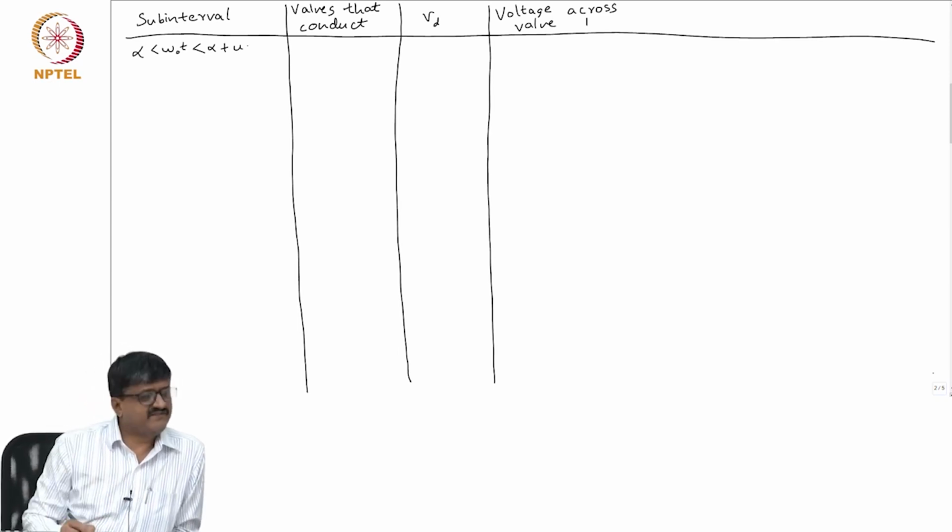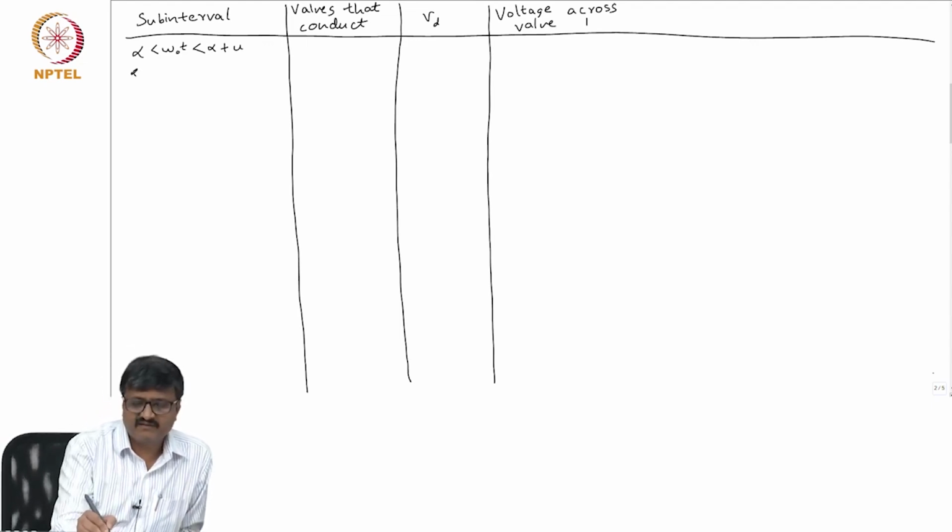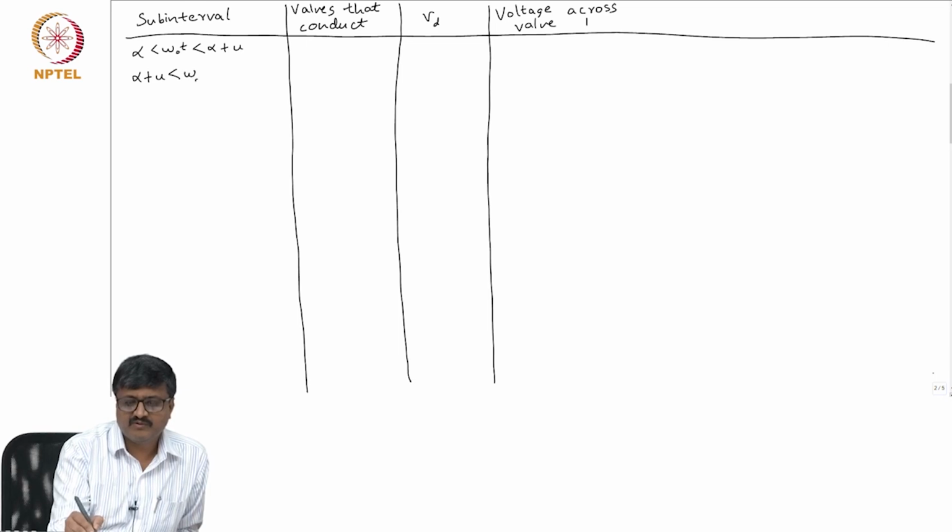Let me first write down all the subintervals. The second subinterval is alpha plus u to alpha plus 60 degrees.